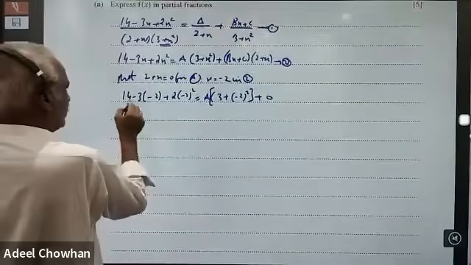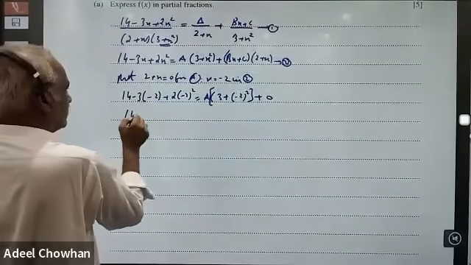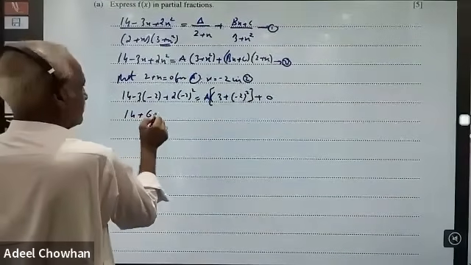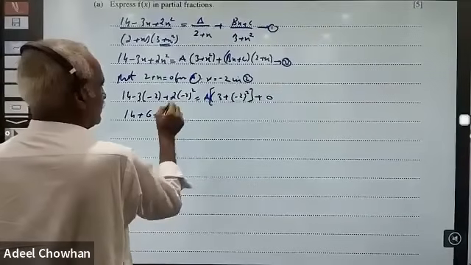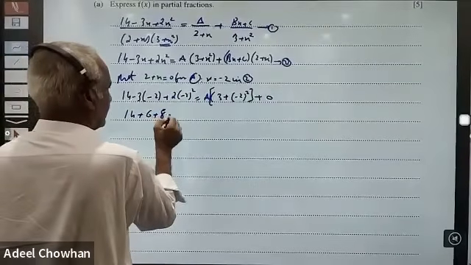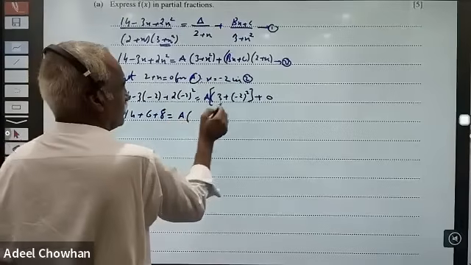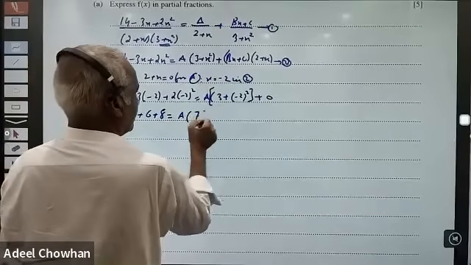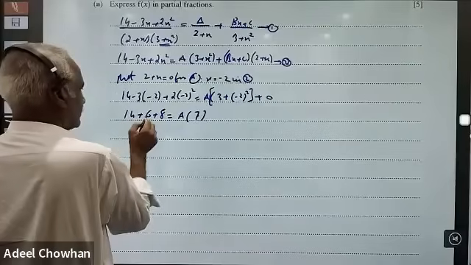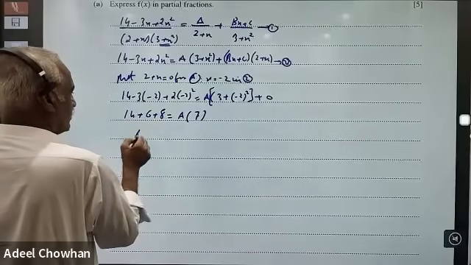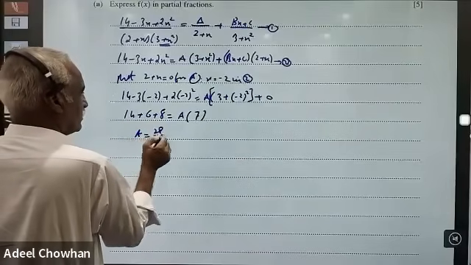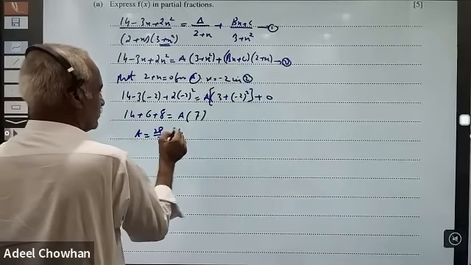So it should be equal to 14 plus 6 plus 4 into 2, 28 is equal to a into 3 plus 4 is 7. So a value is 28 over 7. That is equal to 4.